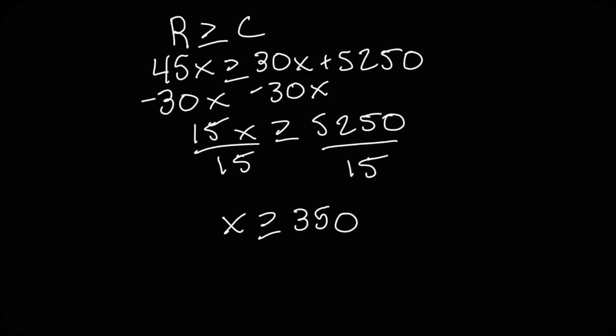So x is representing our solutions here. We know that they're greater than or equal to 350. So we start at 350, and anything bigger than that is going to be a solution as well. So in this case, that would be infinity, and we can put a parenthesis there.